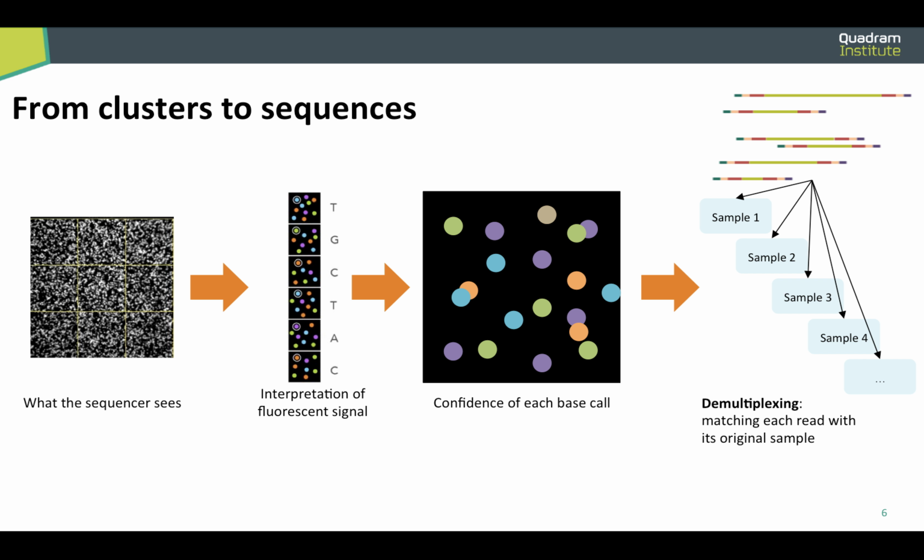So the final thing that the machine will do for you after calling all of the bases, you then have a big pool of lots of different sequences. And as we said, each of these sequences has these adapters at the end, including the index sequences.